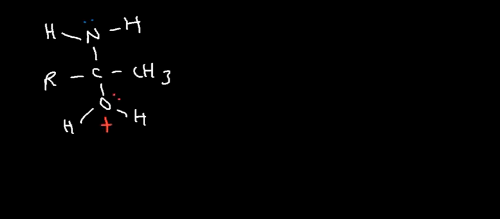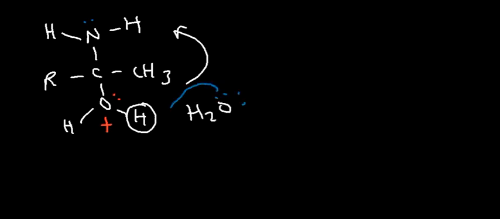So we want to kick out the nitrogen and add an oxygen in its place, a double bonded oxygen atom. So to remove the nitrogen, we need to protonate it. So we're going to use water to transfer a hydrogen from the oxygen to the nitrogen. So another water molecule is going to act as a weak base, and it's going to remove this hydrogen atom.